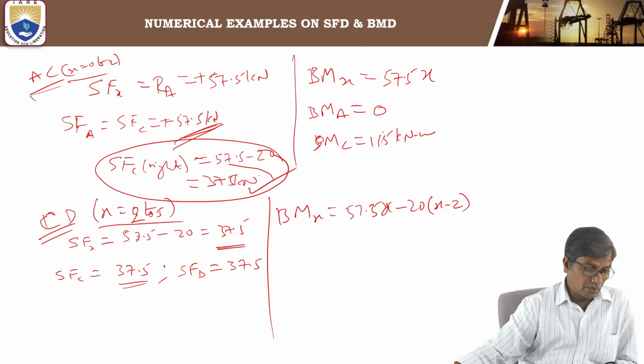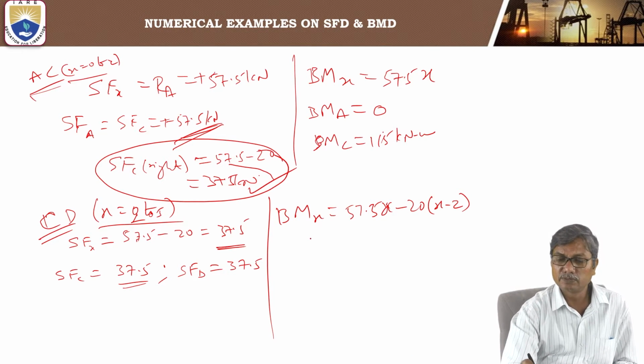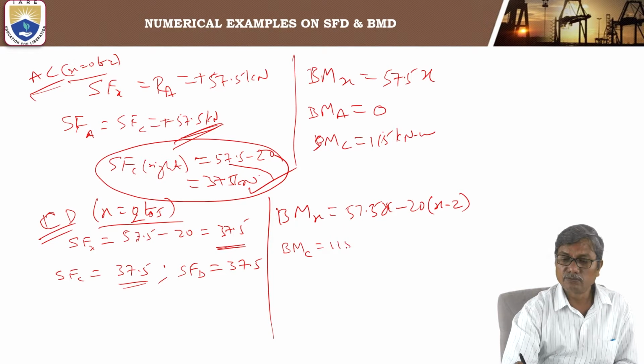The limits for X are 2 to 5. At X equal to 2, the section is at C, so the bending moment at C is 115 minus 0, since this term becomes 0 at X equal to 2.